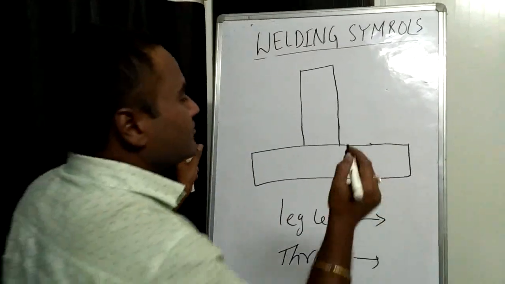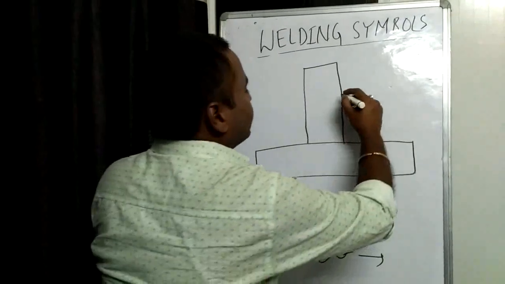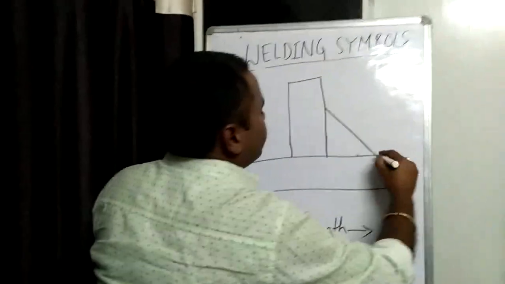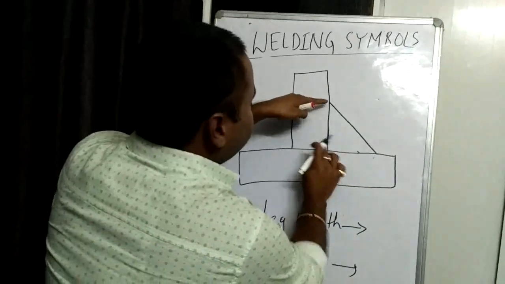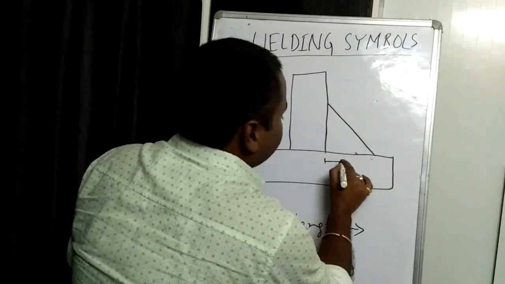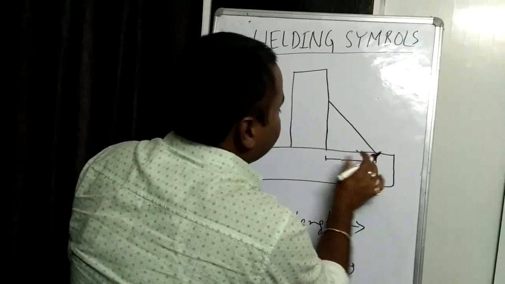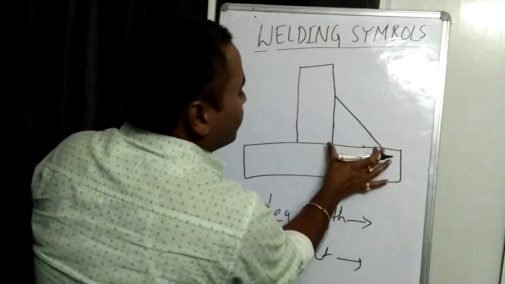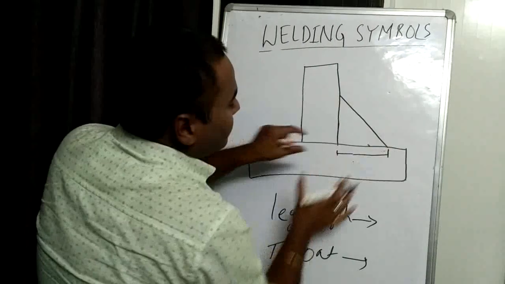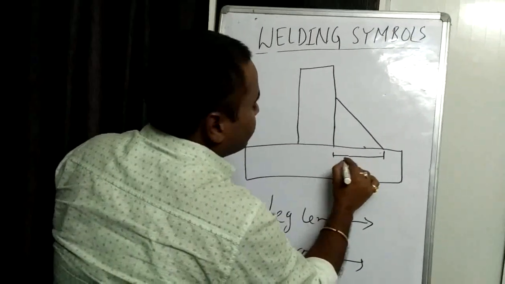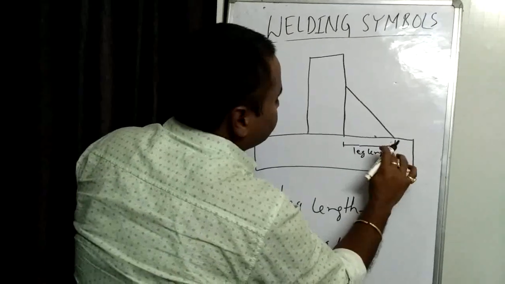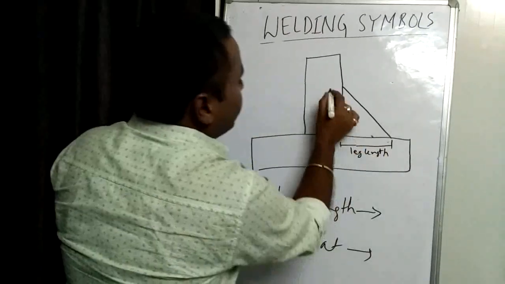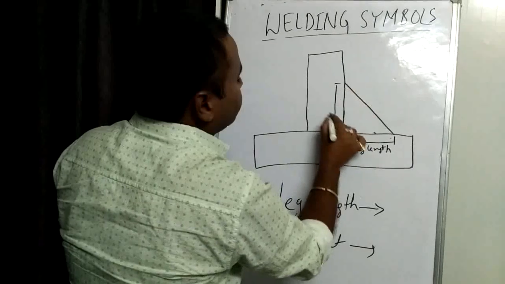Let me explain what is leg length for those who don't know. Suppose this is our fillet joint. These two dimensions are leg length. These two are called leg. So this length is our leg length, and this is also our leg.